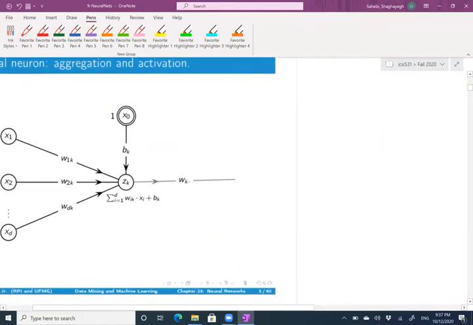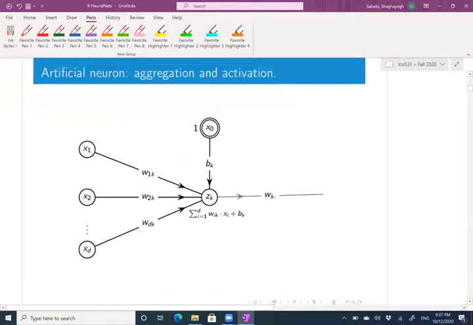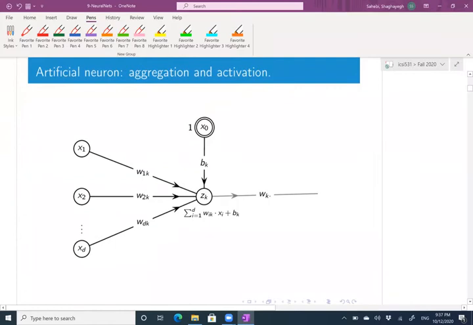So usually what we do is that we give specific names to what we are doing in each of the neurons. We said that in each of the neurons, we have some linear combination of the input with the weights, and that is called aggregation.